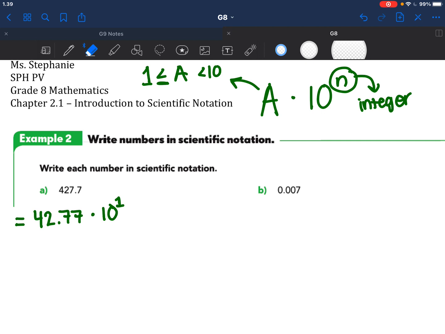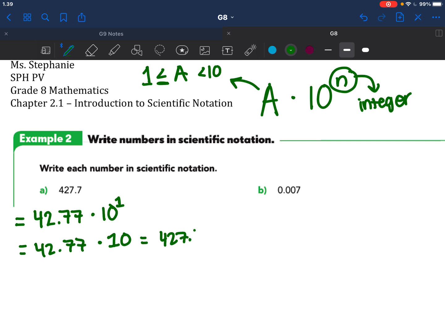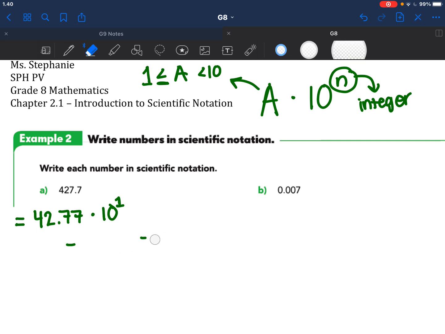Think about it this way. 42.77 times 10 is equal to 427.7. Because when I multiply by 10, you guys should remember this, you move the decimal to the right. Okay? So that is why.